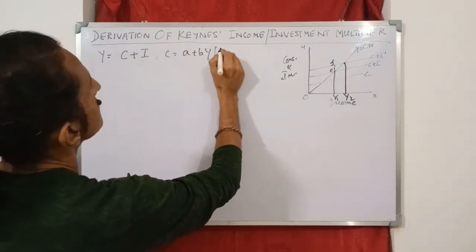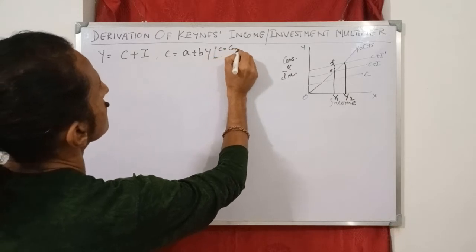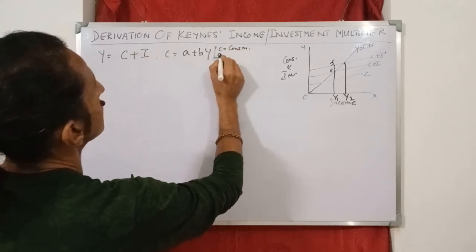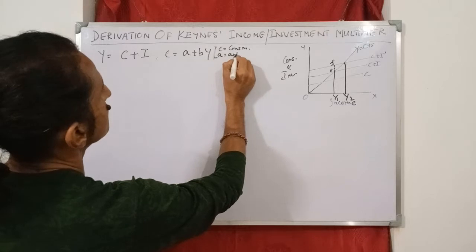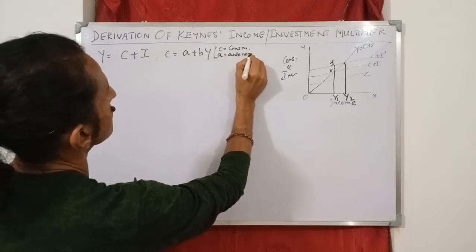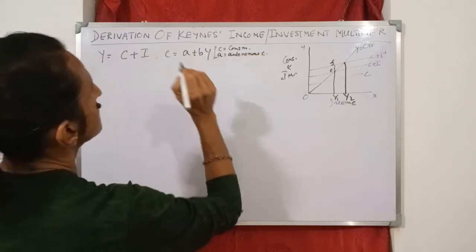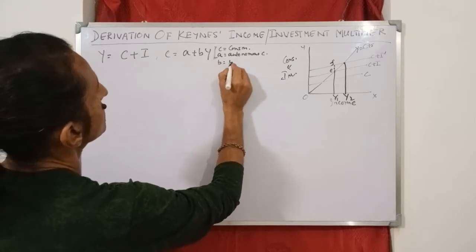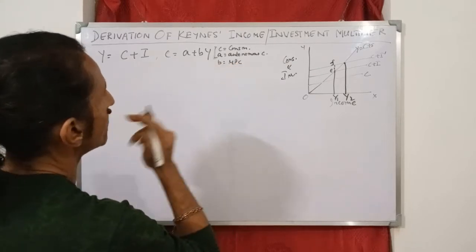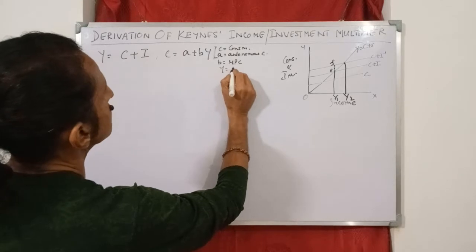Here we write C equals to consumption, A equals to autonomous consumption, B equals to MPC, that is marginal propensity to consume, and Y is income.